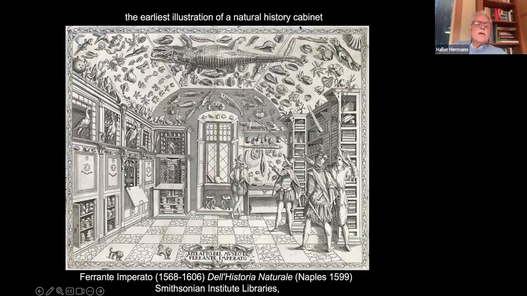When you look at this, it's mind-boggling. I mean, you all immediately recognize the crocodile. And to be honest, I think you have to have a crocodile on the ceiling of a cabinet of curiosity and science. But then you see birds there, you see cabinets full of stones, of all sorts of artifacts.